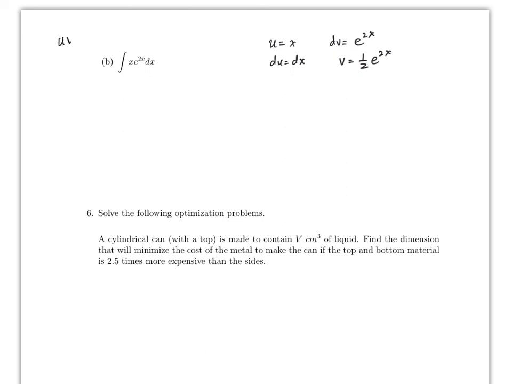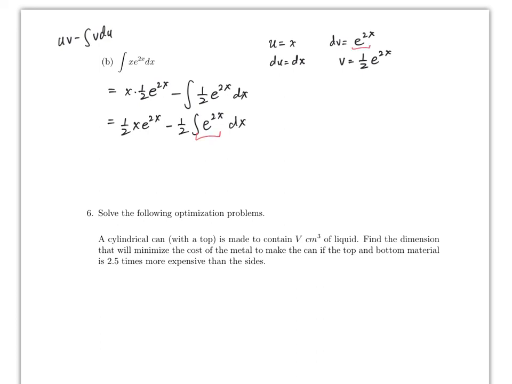Again, the formula for integration by parts is the following. So we apply it in here. This will be x times 1/2 e to the 2x minus the integral of v du, which is just dx. You will simplify. This is 1/2 x e to the 2x. And then you take the 1/2 again, and you integrate this part, which is identical to this one.